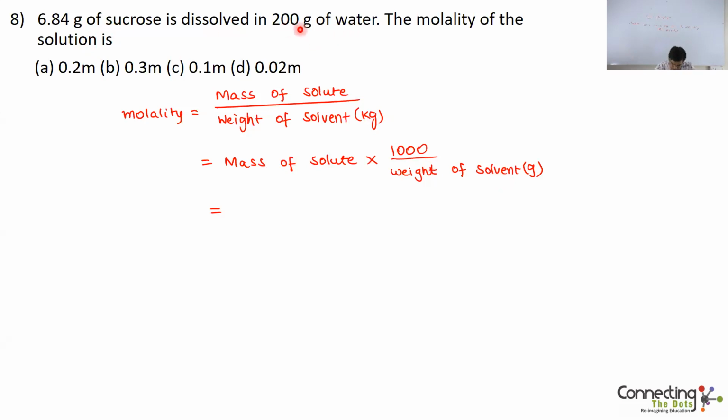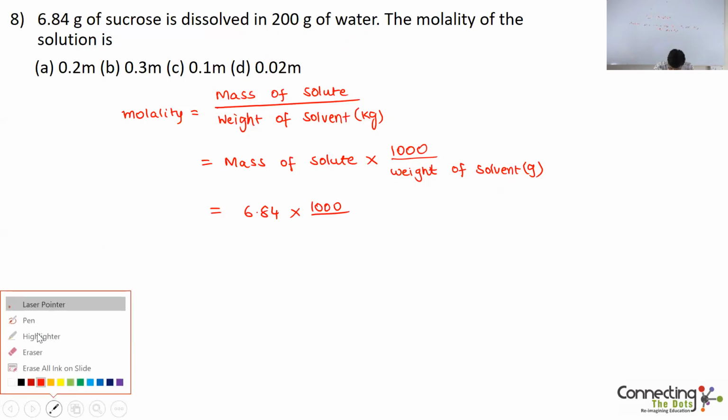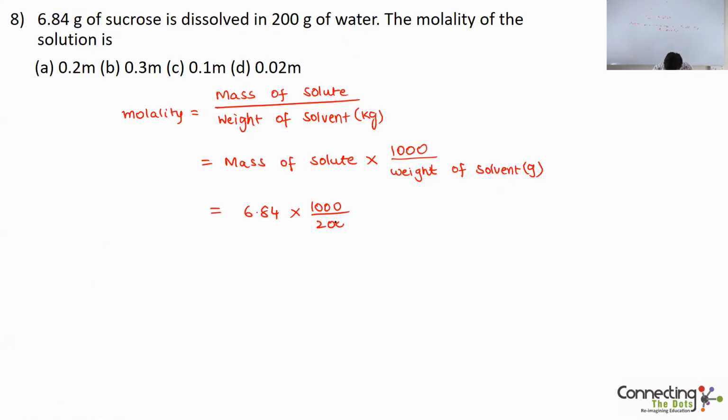So you can just substitute the values. So it will be mass of the solute is 6.84 times 1000 by weight of the solvent in grams, which is nothing but 200 grams of water. So let us substitute that. So it will be 200 grams here. This just goes off, 2 5s are 10. So it will be 6.84 times 5. Let us calculate the value. 6.84 multiplied by 5.